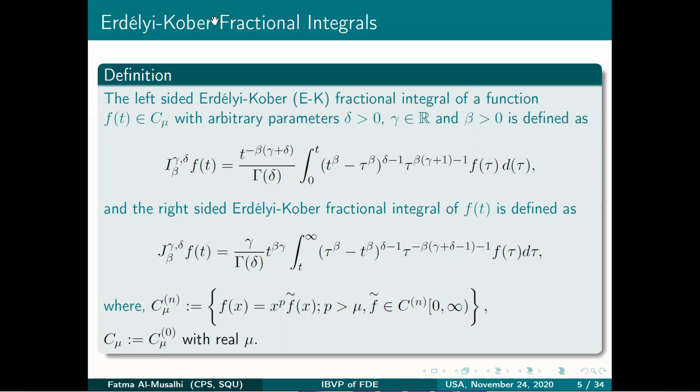Also, we need to recall the definitions of the Erdélyi-Kober fractional integral. So we consider the left-sided, and we also need to define the right-sided Erdélyi-Kober fractional integrals, and they are given by these formulas, where delta is positive, gamma belongs to R, and beta is bigger than 0.